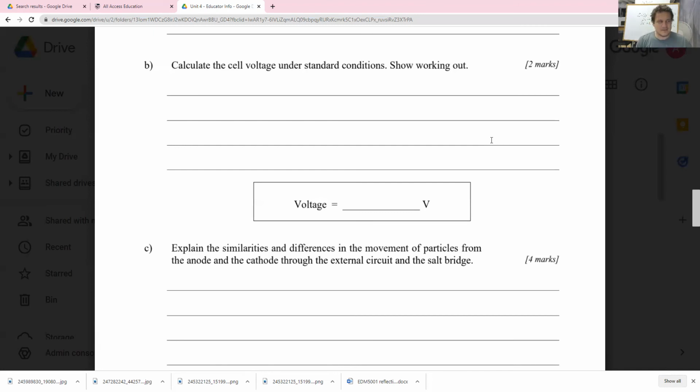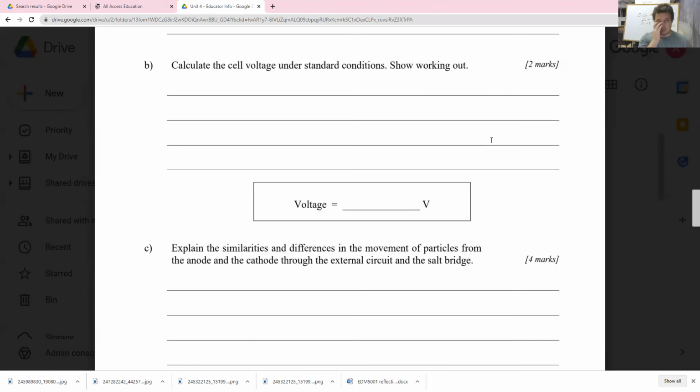When this happens, the Ni2+ will accept the electrons whilst in solution and then deposit themselves onto the nickel electrode.